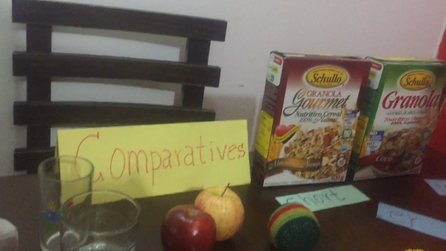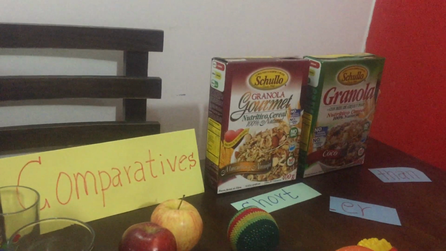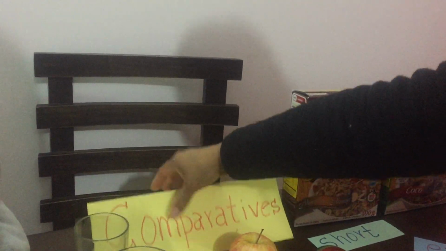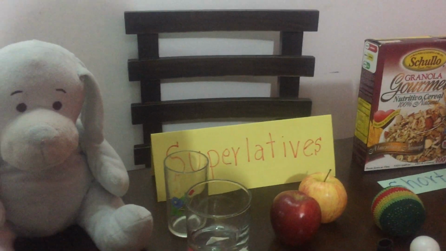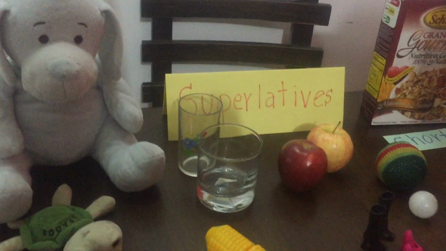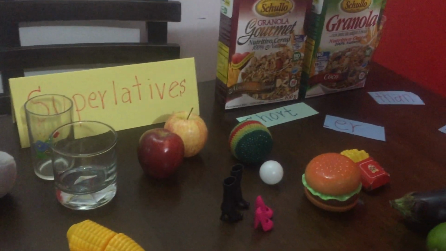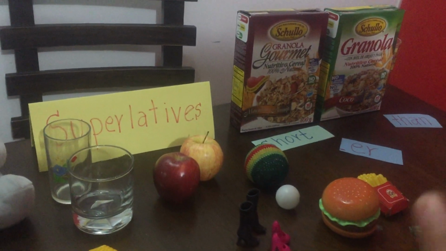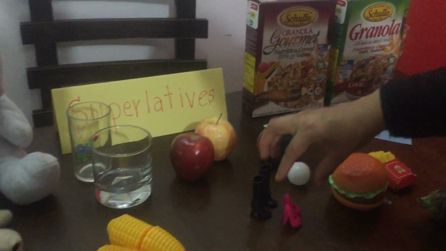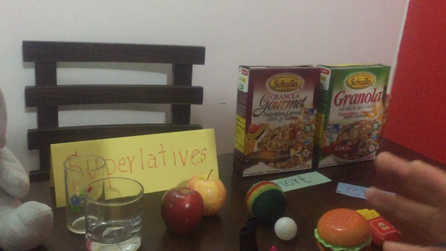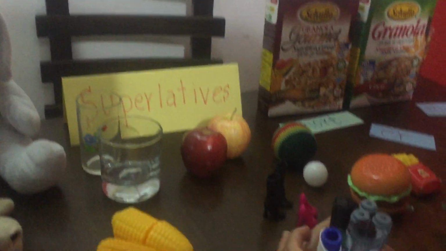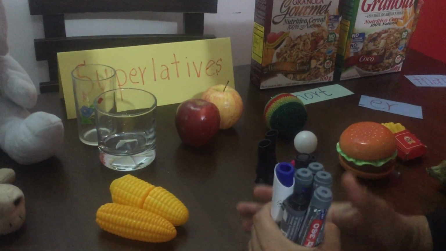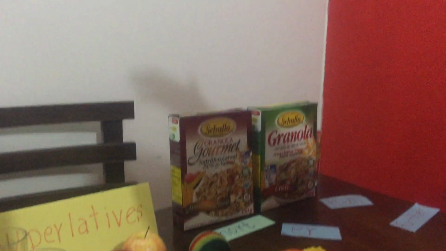Okay? And what about if we want to make superlatives, guys? If we want to make superlatives to these products, first of all, we made comparisons. In order to make comparisons, you need two objects. But if you want to make a superlative, it means like the word super, the most, yes, the best.